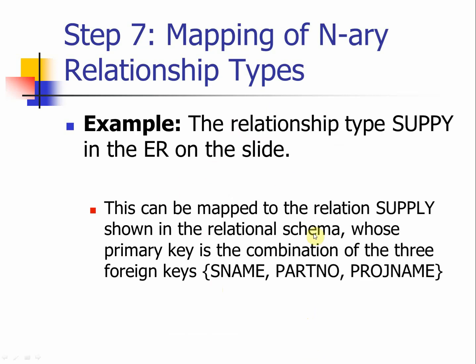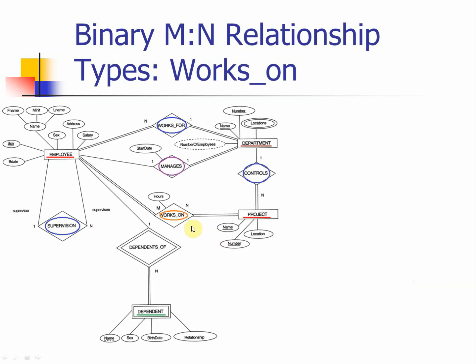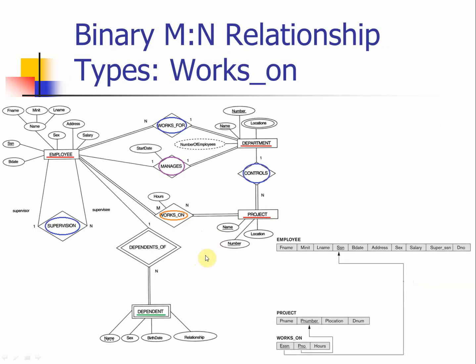So this is exactly what we have said. This can map to the relation supply, which shows all of these things. The primary key is S name, part number, project name. I also include this slide here to show you how similar they are to the M to N relationship. Basically, step number 7 is almost a mirror reflection of step number 5.